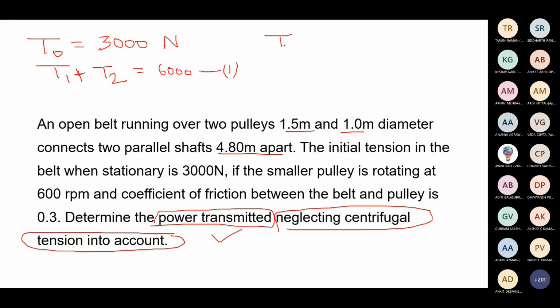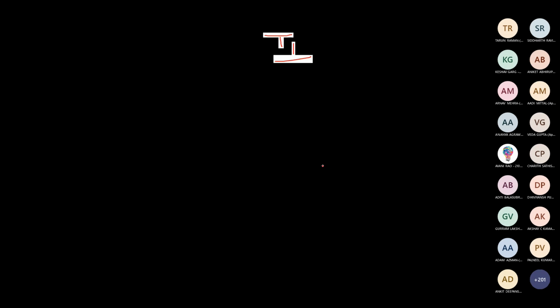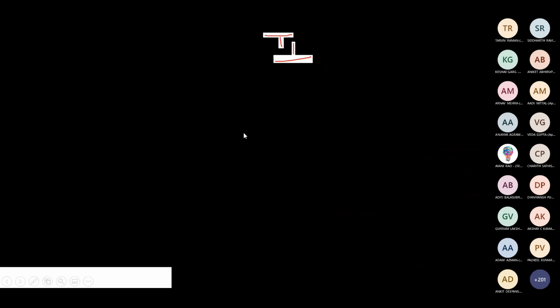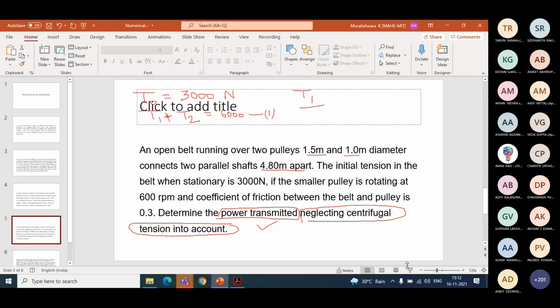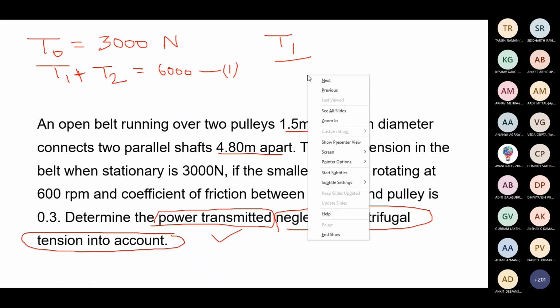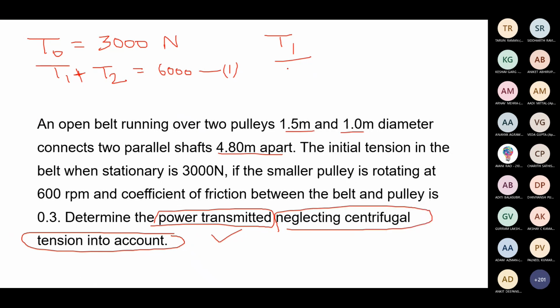So T1 by T2. One second. T1 by T2 you can calculate.